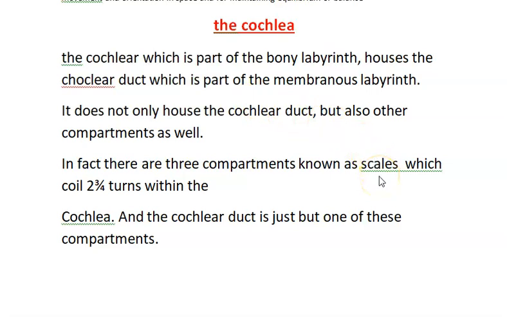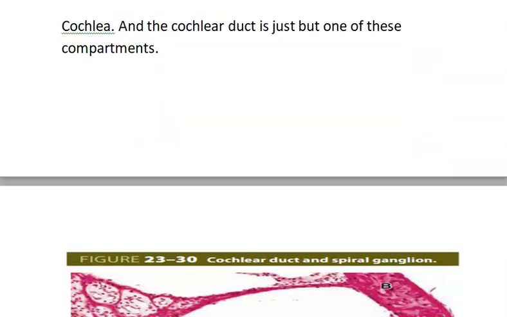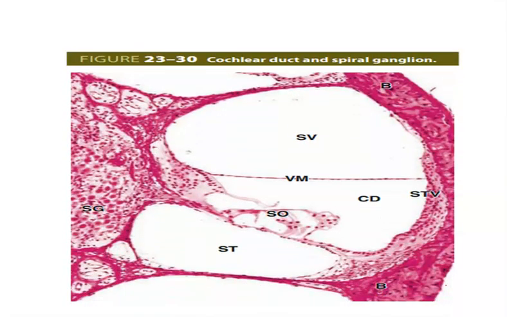There are about 3 of these compartments, and they make turns of coiling, about 2, 3, 4 turns within the cochlea. And the cochlear duct is just one of these compartments. So these are the compartments which I am describing for you.